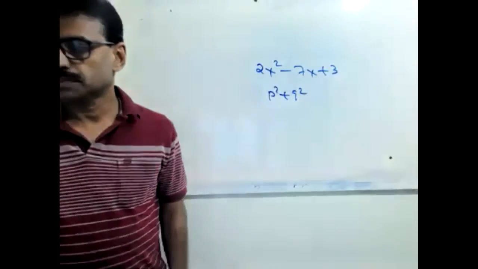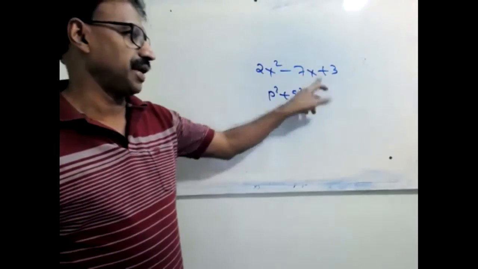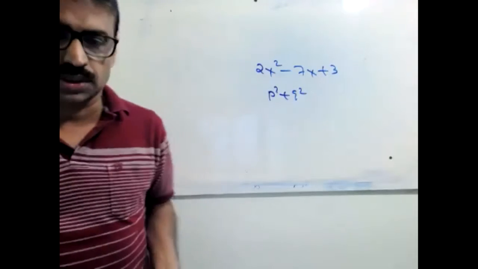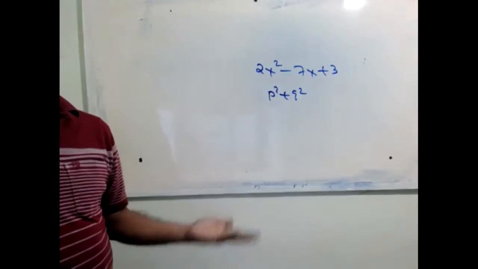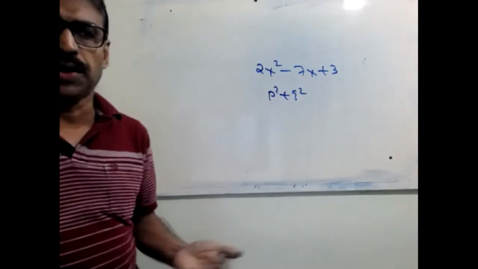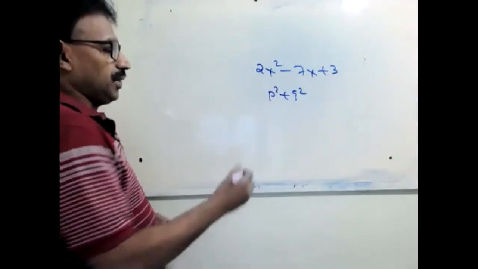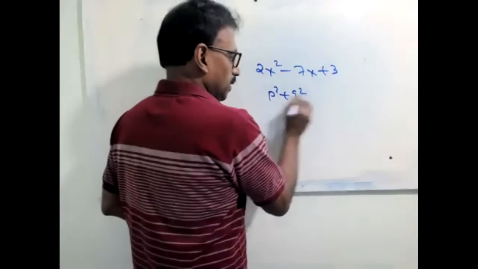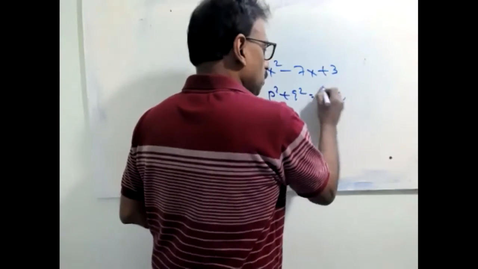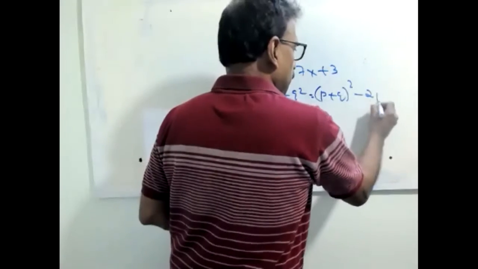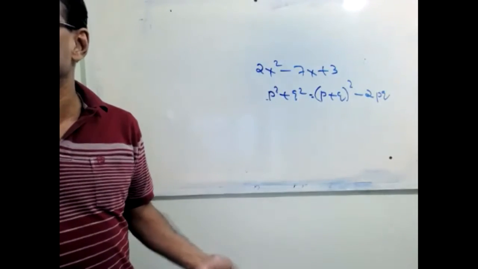2x square minus 7x plus 3. P and Q are the zeros. Find P square plus Q square. Okay, do it first. If you want, one method is to find P and Q and substitute. Or look here: P square plus Q square is P plus Q whole square minus 2PQ. I prefer this method because sometimes we cannot split.